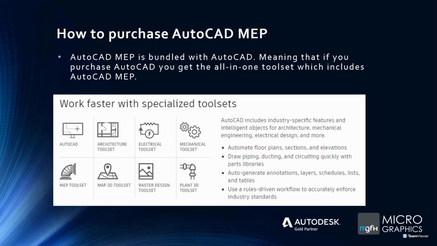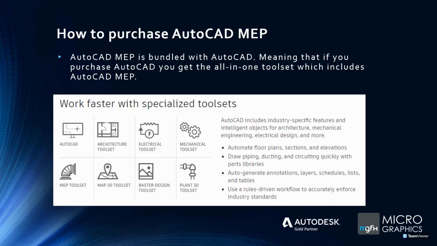There are 7 specialized tool sets included in this AutoCAD bundle, one of which is the MEP tool set. There are other tool sets for raster, plant, mechanical, electrical, architectural, and also a little bit of GIS that you can download. They're different products from AutoCAD, so if you want one of these others, you would go to your Autodesk account, log in, and then from there download this particular piece of software.